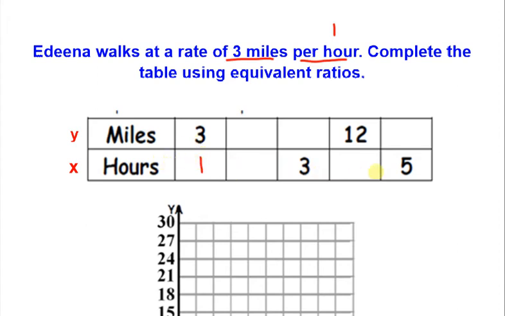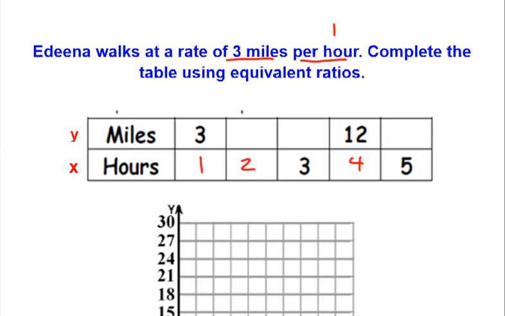Now if I look at how the pattern of this bottom row is going, it is 1, 3, 5. You can assume that it's going to go 1 hour, 2 hours, 3 hours, 4 hours, and 5 hours. And now based on this, we need to complete our equivalent ratios.